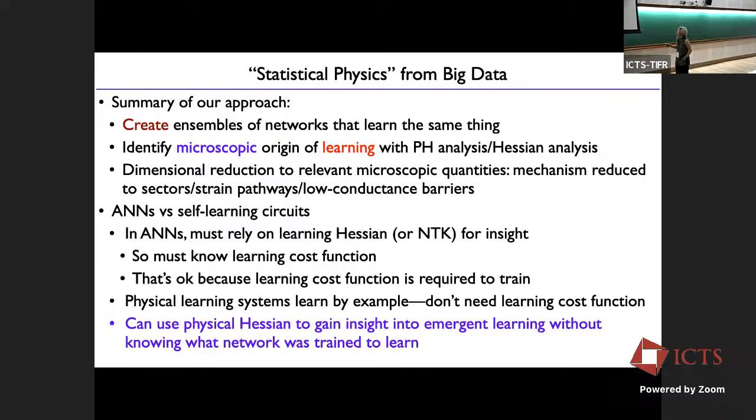So this is a way of using big data to do statistical physics. Okay, it's not our usual way of doing statistical physics. Okay, but we can hack our way to get insight, and so that we know where to start building a theory. So either with the persistence homology analysis or the Hessian analysis, right?